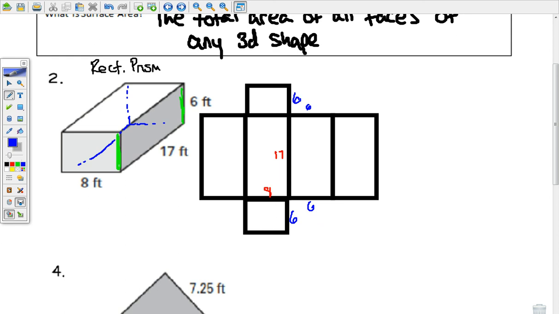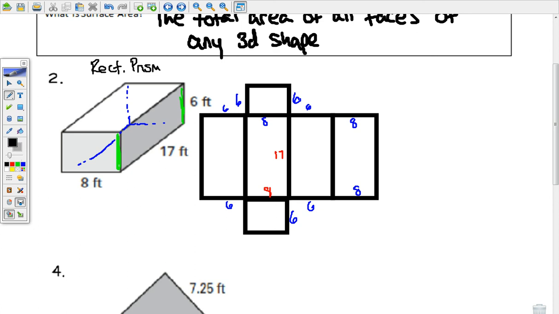And you might have already figured it out, which is awesome. But this 6 happens quite a few places. All right. So we only have 6, 8, and 17. So you basically have to figure out which ones are which here. So the 8 would be the bases here and here. All right. The 6s are here. So we basically can figure out the area of everything.